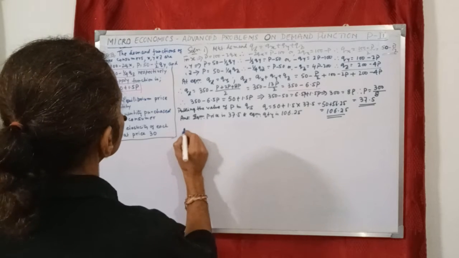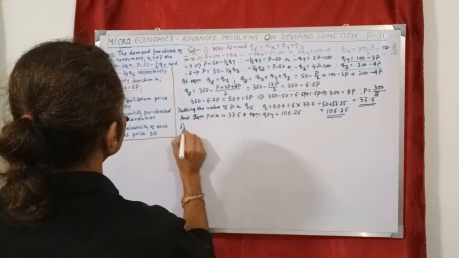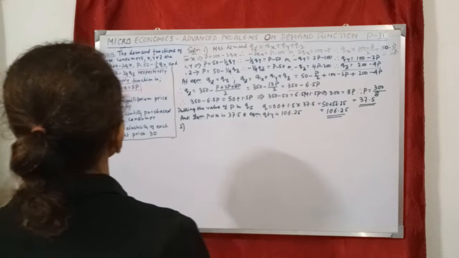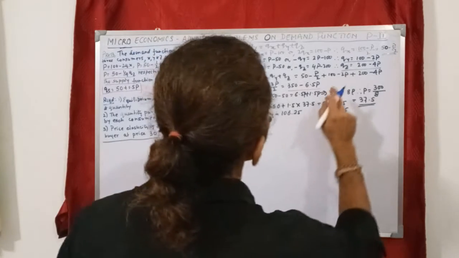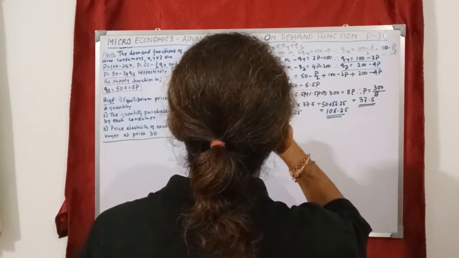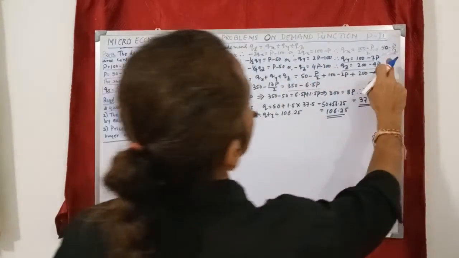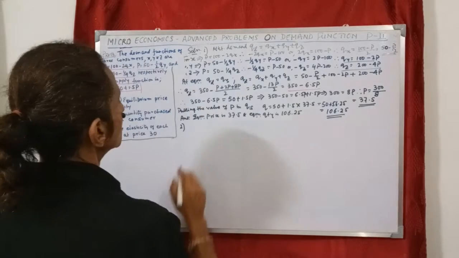So we are starting part 2. What is QX? 50 minus P by 2.